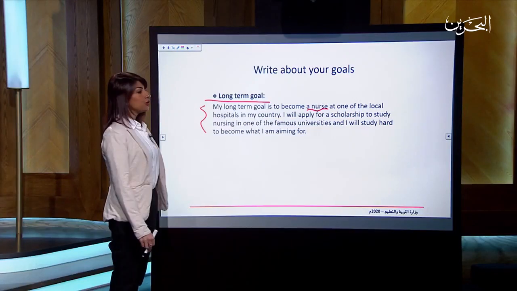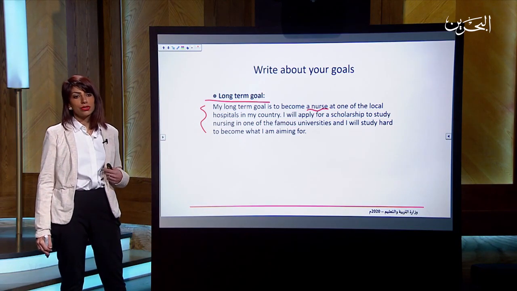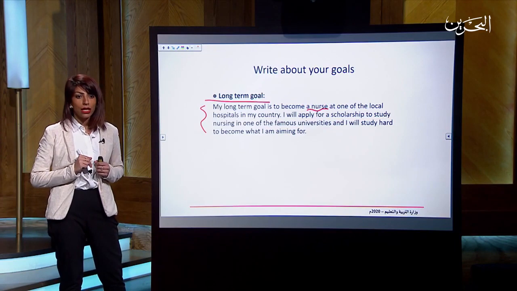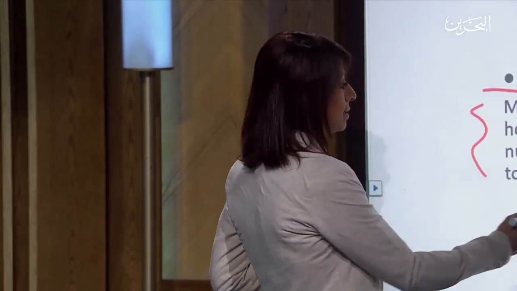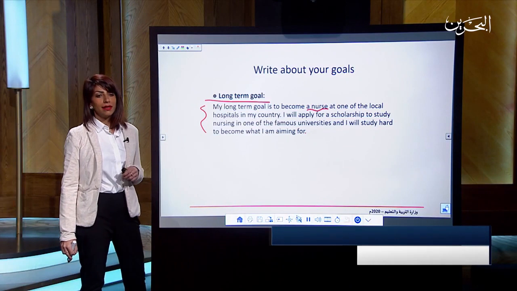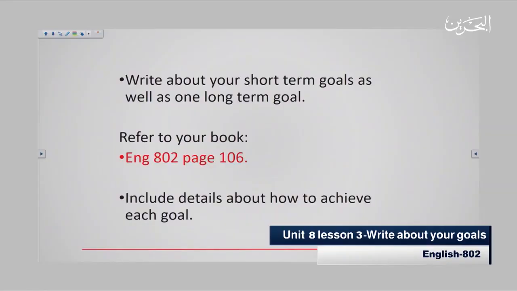So I've mentioned two ways or two procedures on how to achieve my main goal, which is to become a nurse in the far future, because it's a long-term goal, as I have said before. If I did this, full stop, and I am done. This is very easy writing, just simple points and you're done.